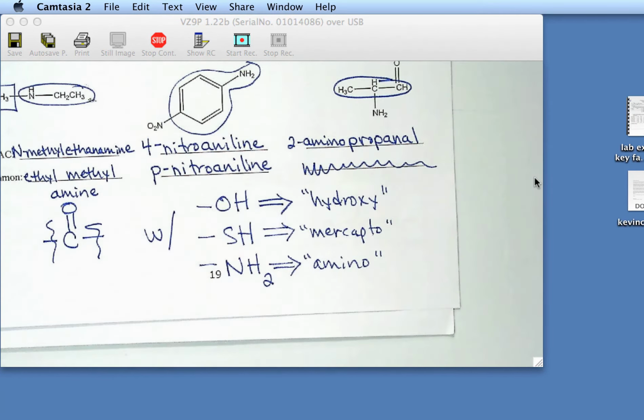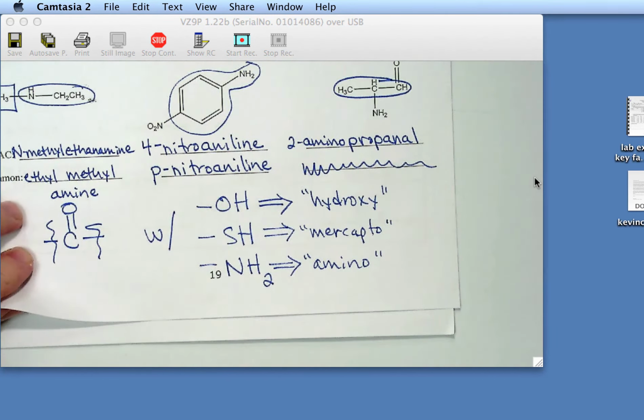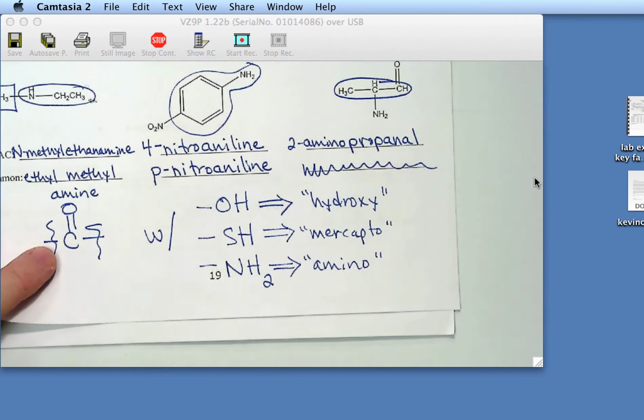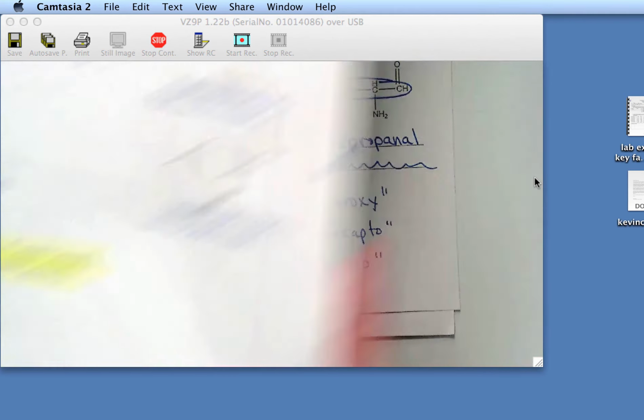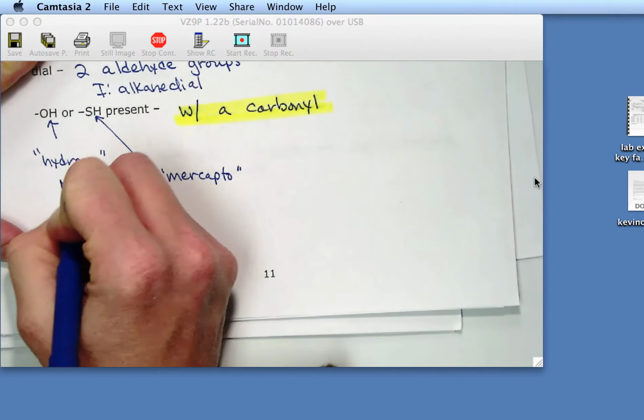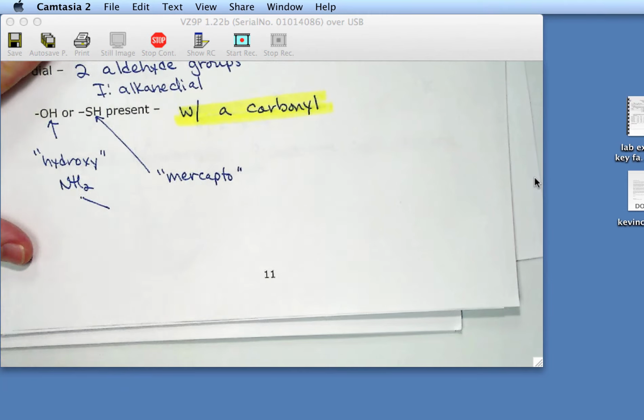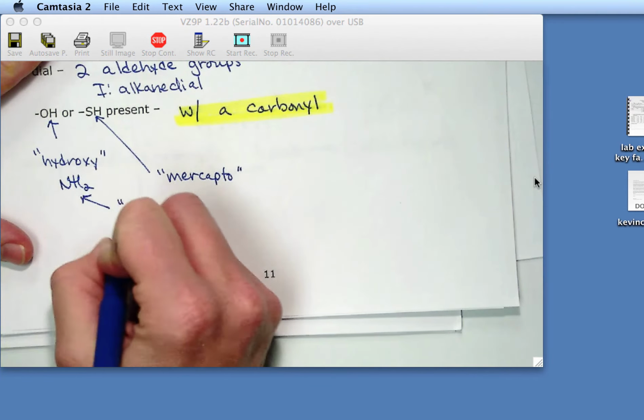How come the amino wasn't listed over? Is that something different? No, I should have included it too. So anytime you have a carbonyl, yeah. So back on page 11, you could add an NH2 as well. That's amino.